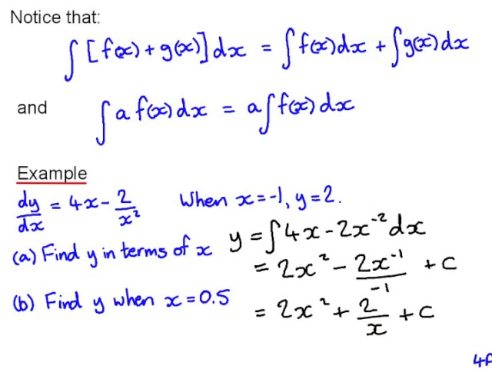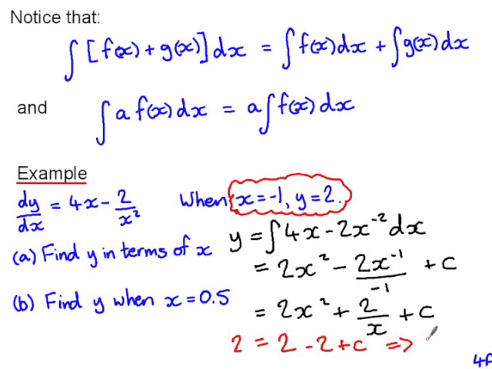Now the extra bit of information we're given here is that when x is negative 1, y is 2. This will enable us to find c. So if we substitute in these values, 2 is equal to 2 take 2 plus c means that c is equal to 2.